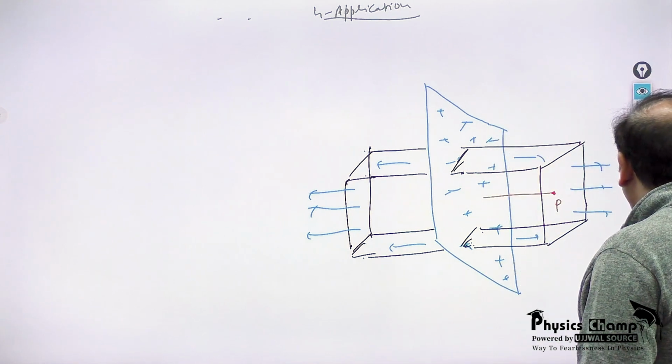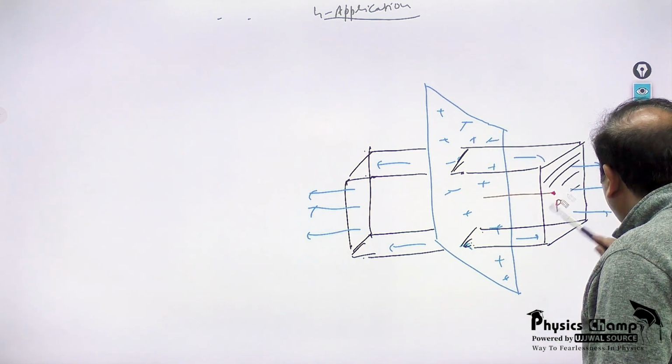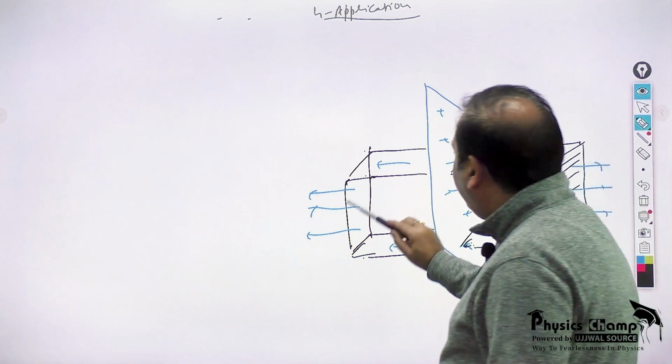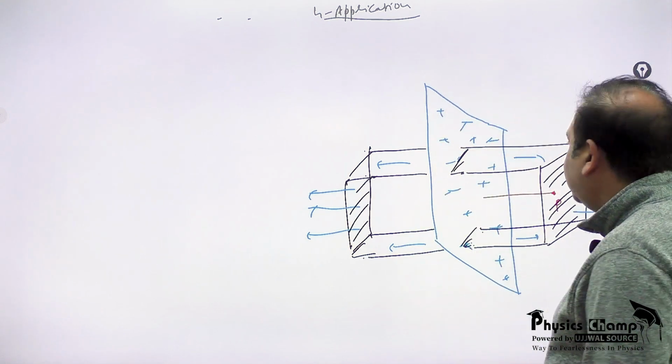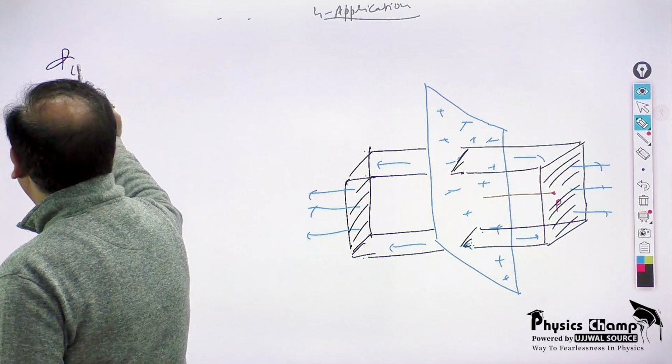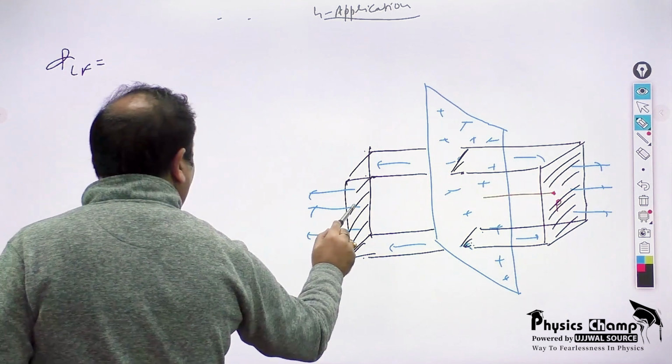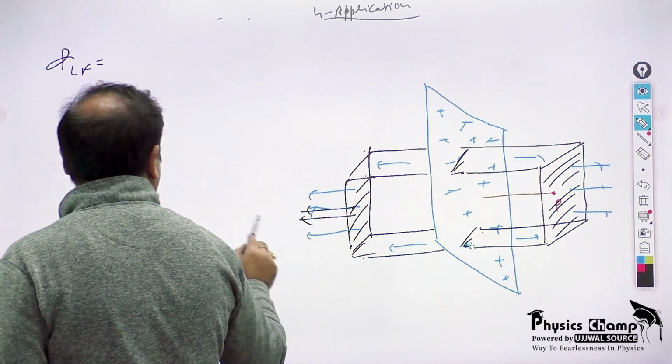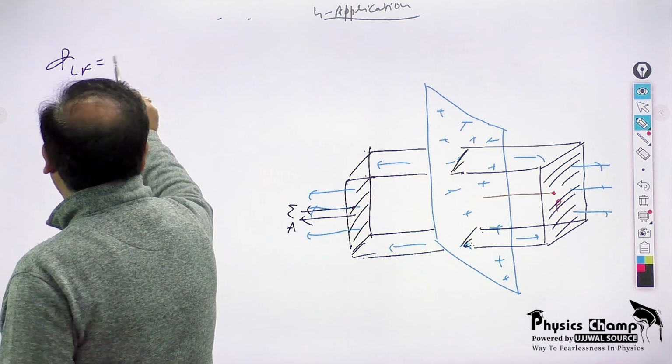So I would say I have one surface which is this one, left flat surface and right flat surface. Through this left flat surface the electric field is here, area vector is here, I call it EA.